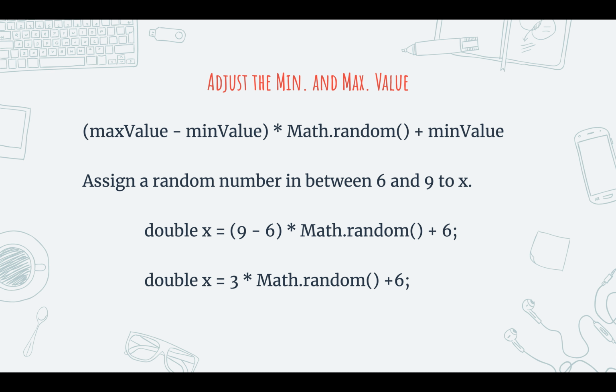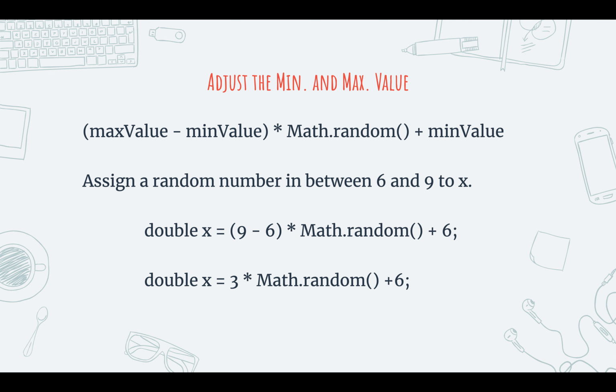So let's say we're given an assignment: assign a random number in between 6 and 9 to x. Well, we can subtract 6 from 9, because 9 is the maximum value and 6 is the minimum value. So what's the difference between 9 and 6? It's 3, so 3 is the number that we're going to be multiplying to the math.random function.